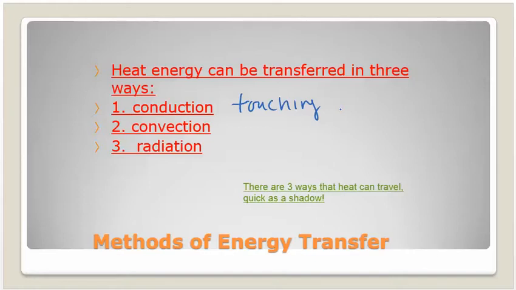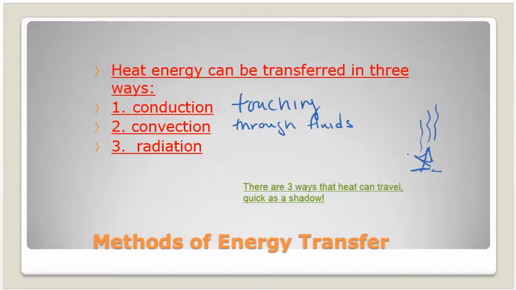The next one is convection. Convection is the transfer of heat through fluids. An example of this would be when you have a fire. Here's your fire, and you have the heat that's rising.